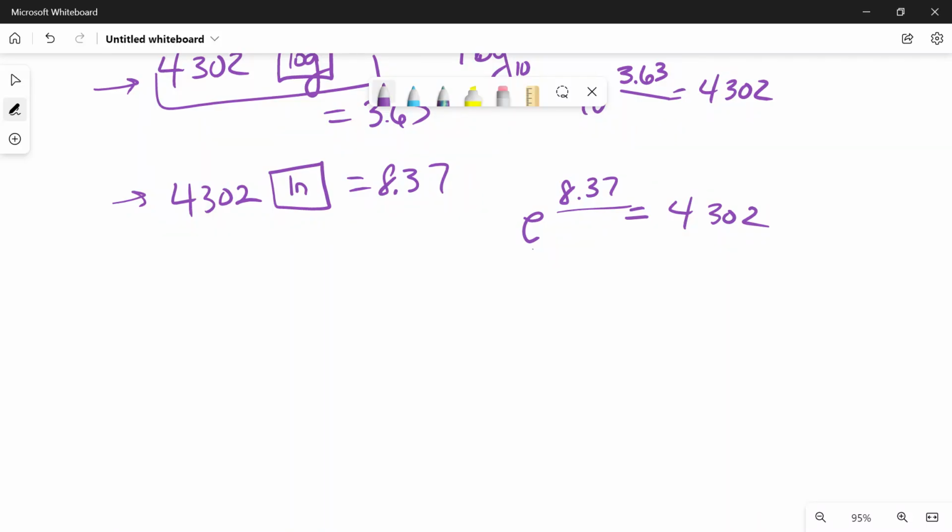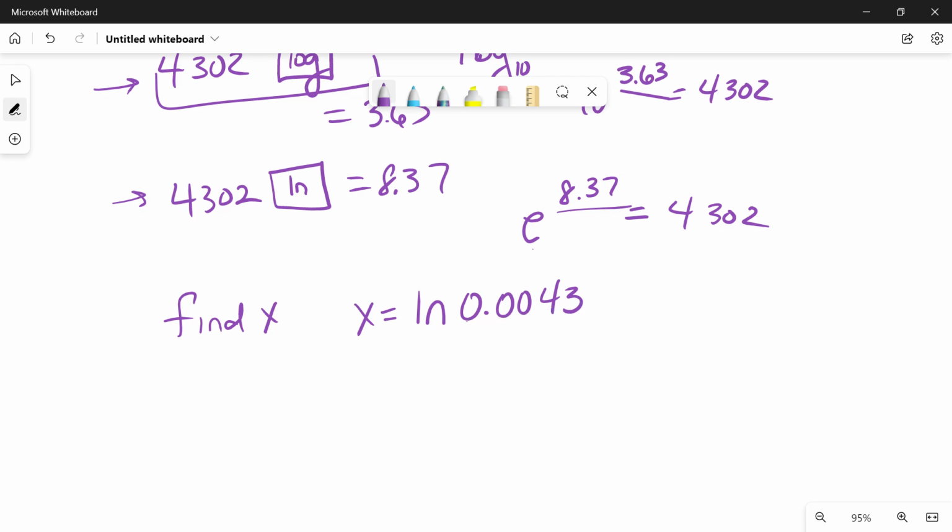one more here for you guys to try. We want to find x, where x equals the natural log of 0.0043. It's written a little backwards from what we normally think, but this is the natural log of 0.0043.